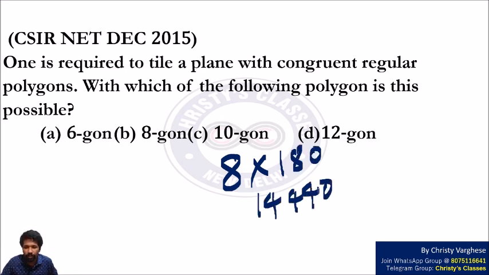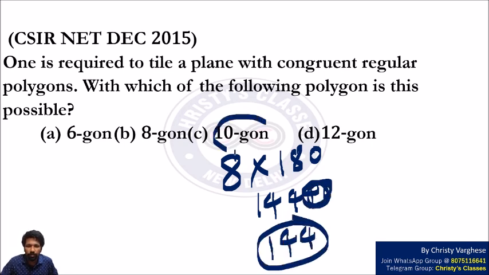That will be the sum of interior angles, and one angle is going to be 144. That 144 is also not a factor of 360. That is why it is not possible.